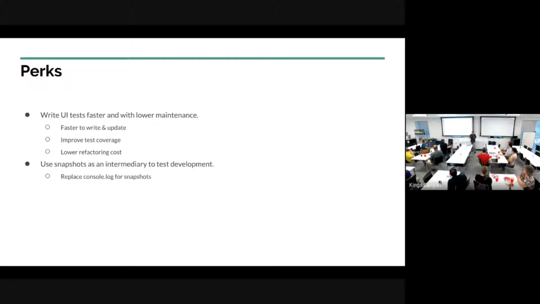Just say, hey, toMatchSnapshot. You have some output, then it's at least in the file that you can just look at and copy the output into your expect statement if you don't want to use it. Basically like a normal assertion. So it could be a useful replacement for a console log while you're developing your tests.